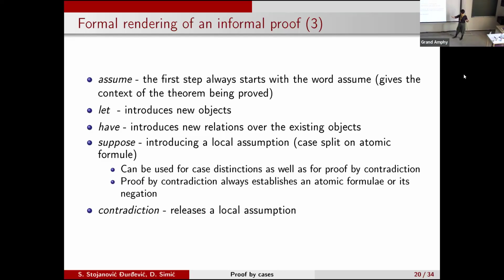So the obvious one will be trivial. The first one will have to write contradiction. So naturally, we need to have a word contradiction, which will release a local assumption.